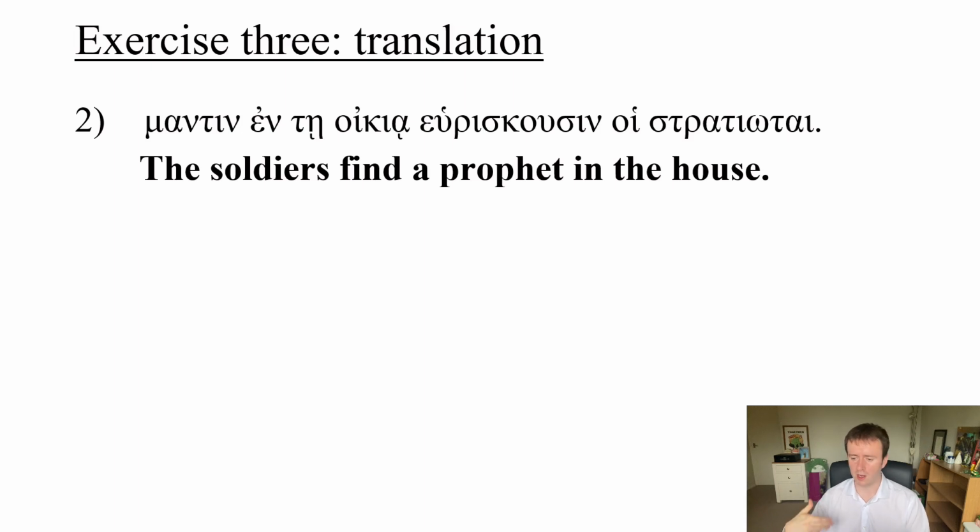Here, we know from the ending -ai and from the definite article hoi that it is nominative plural. And so the soldiers must be doing the action. And therefore, it is the soldiers find a prophet or a seer in the house.